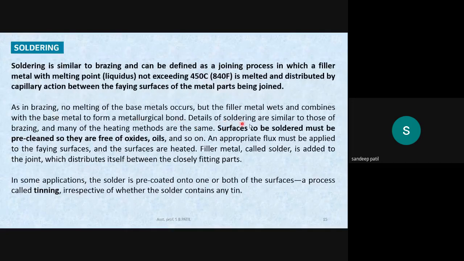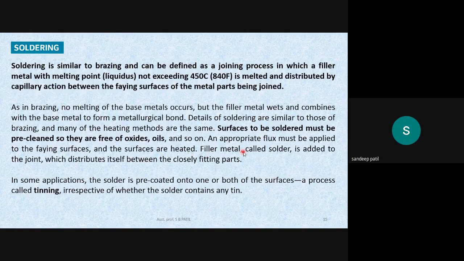So the details of soldering are similar to those of brazing, and many of the heating methods are the same. The surfaces to be soldered must be pre-cleaned so that they are free of oxides, oils, and so on. An appropriate flux must be applied to the faying surfaces, and the surfaces are heated.